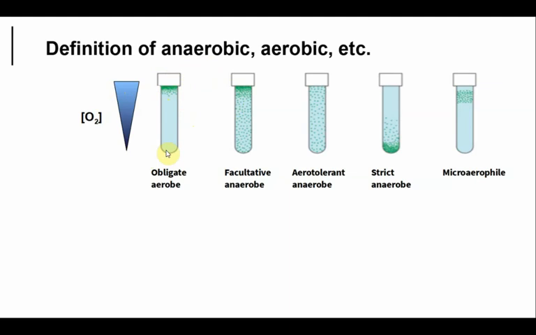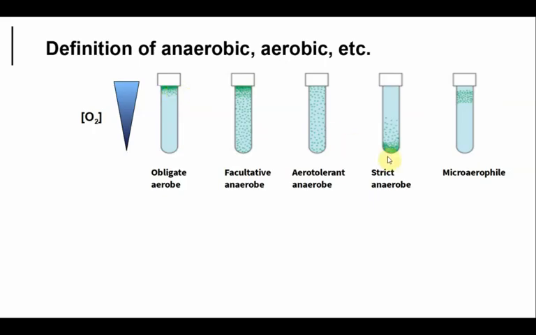So you get an oxygen gradient through the tube, with a high oxygen concentration at the top and no oxygen at the bottom. You inoculate the bacteria all the way down the tube. If bacteria only grow at the top, then they are obligate aerobes. They require oxygen for their growth.